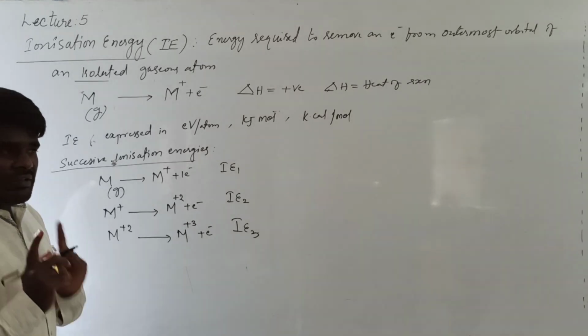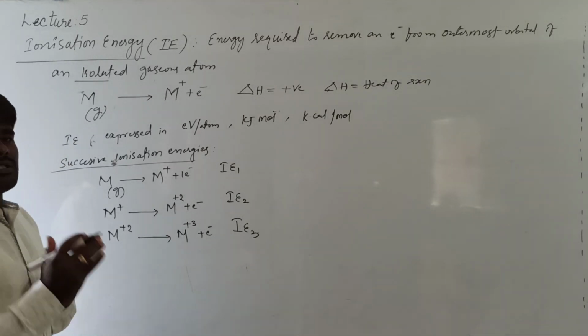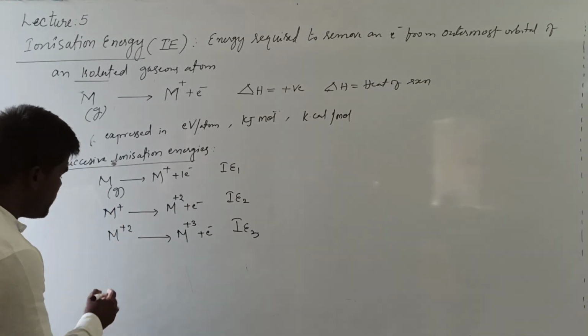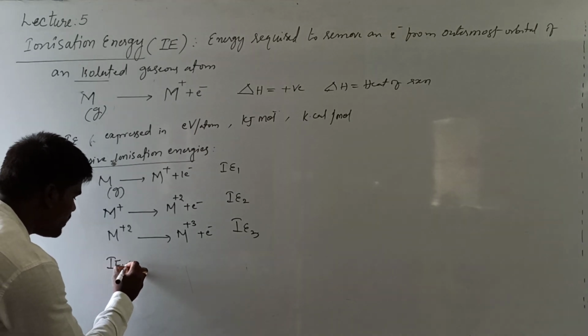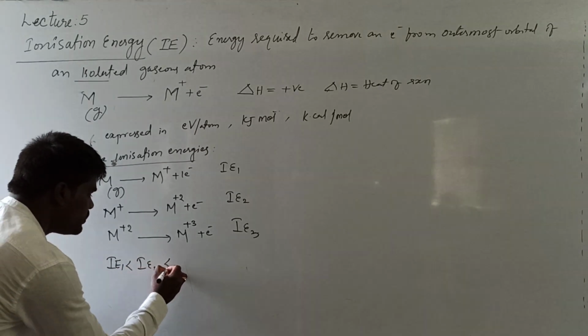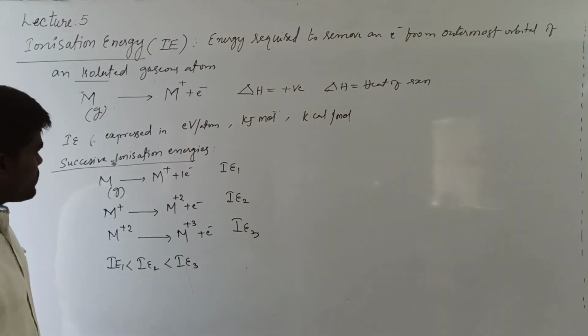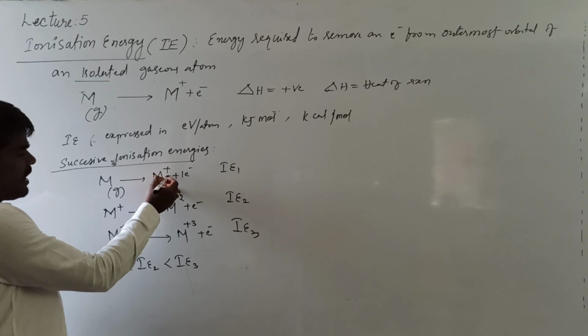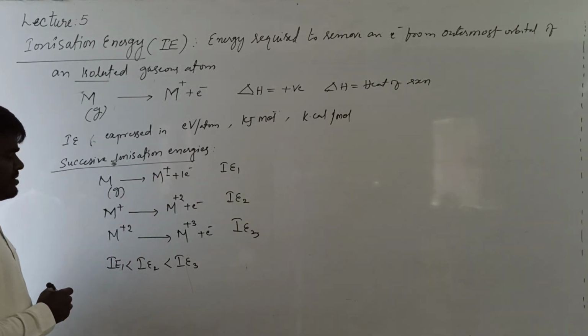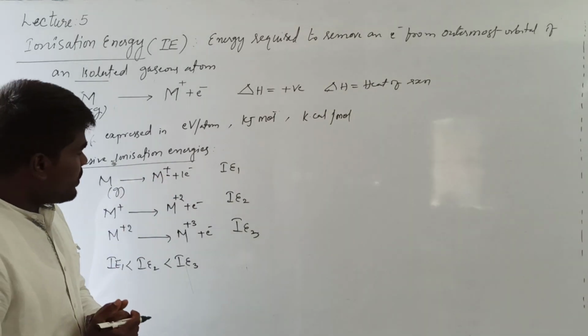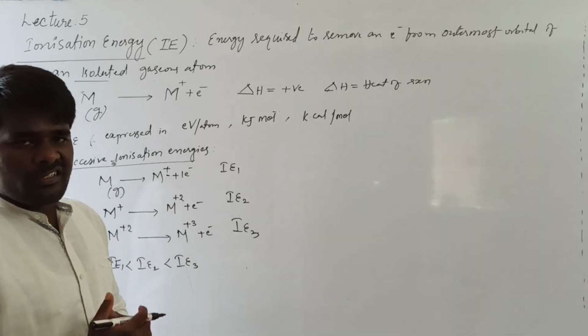Always remember that for a given element, successive ionization energy always increases. That means ionization energy 1 is less than ionization energy 2, which is less than ionization energy 3. Why? Suppose you see here, it is already having a positive charge. As you keep on removing the electrons, the nuclear force of attraction increases.